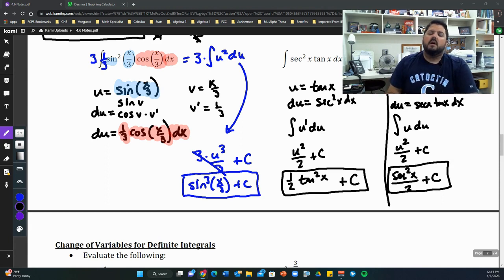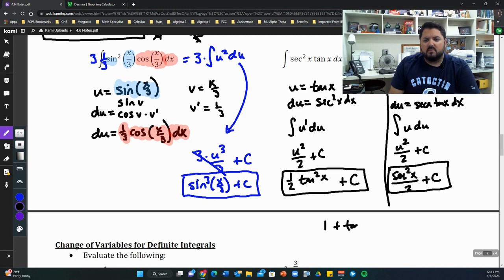They look different, but remember, tangent squared and secant squared are connected to each other through the Pythagorean identity. One of the alternate forms of sine squared plus cosine squared equals 1 is 1 plus tangent squared x equals secant squared x. In other words, the only difference between these two is some constant value.